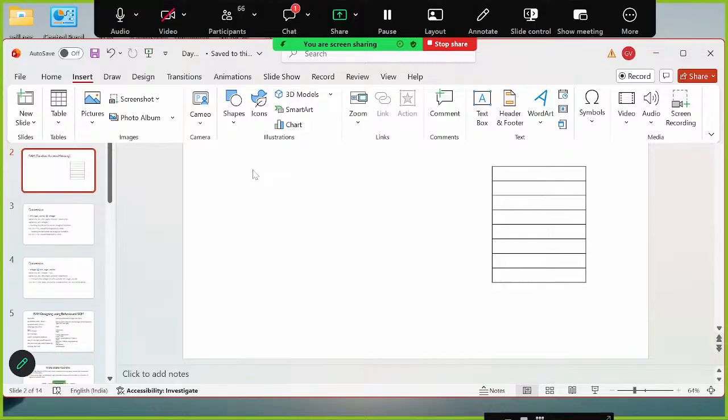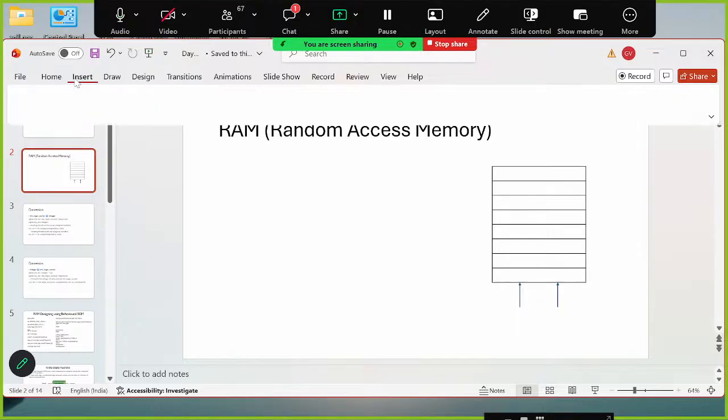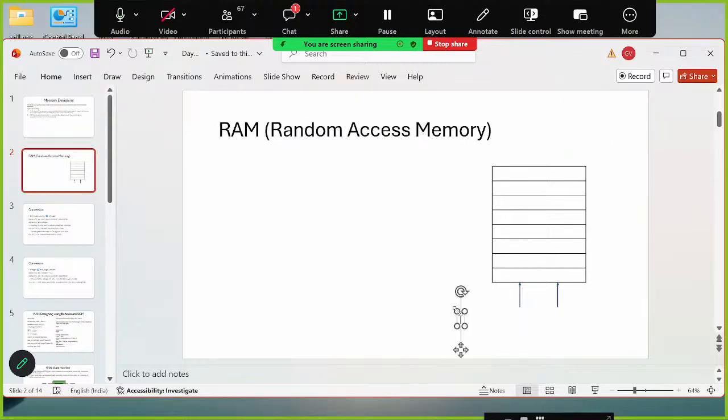For that, first of all, we need two signals. One is a write signal, and the other is a read signal. You can make them active low or active high, depending upon the design.